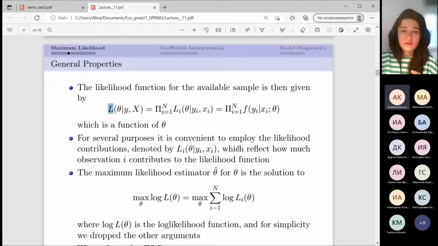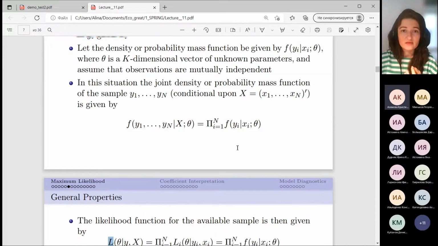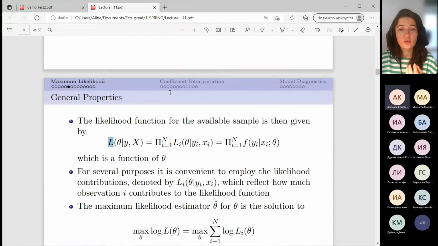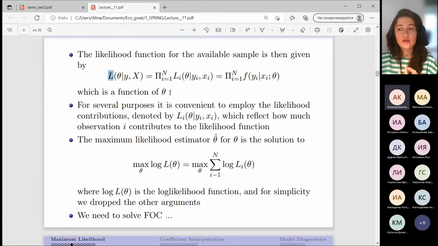And again, as we discussed here, if we want to maximize something, we need to find the first order condition. Because of this, we need to take the partial derivative. But before we take the derivative, it's better to employ the log likelihood contribution.